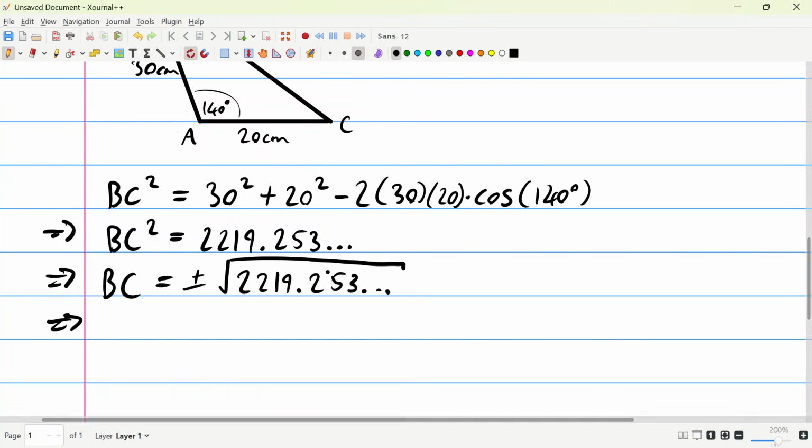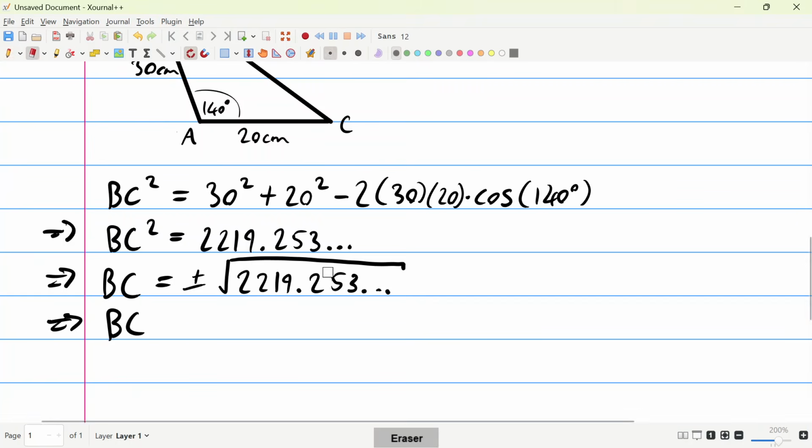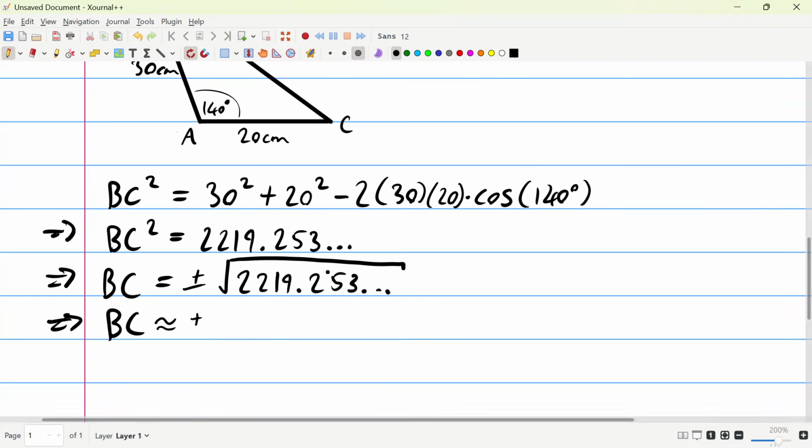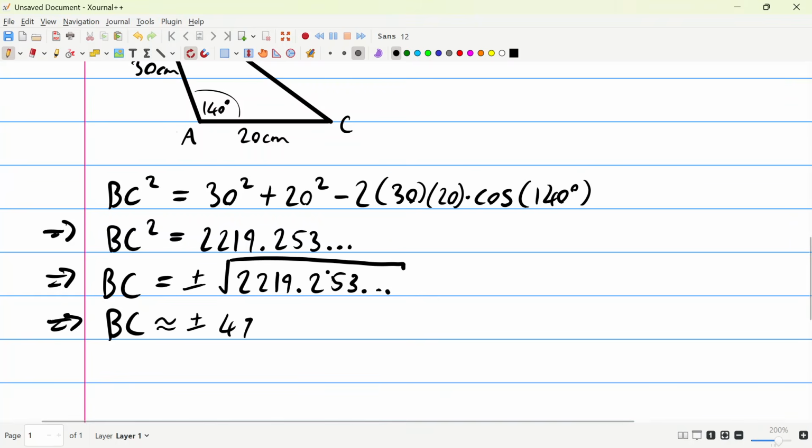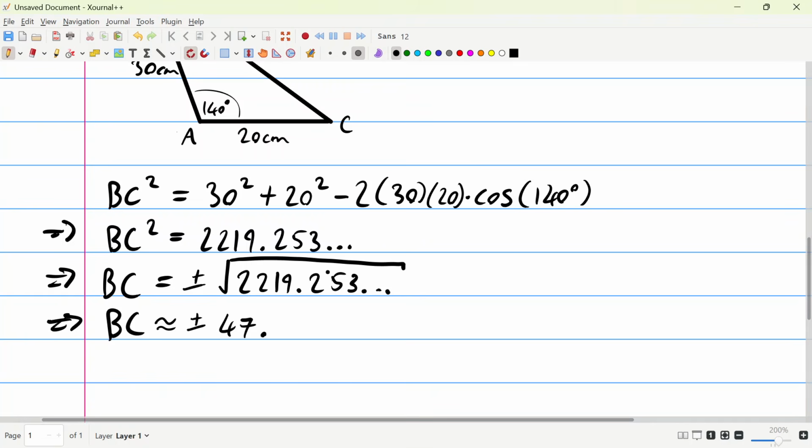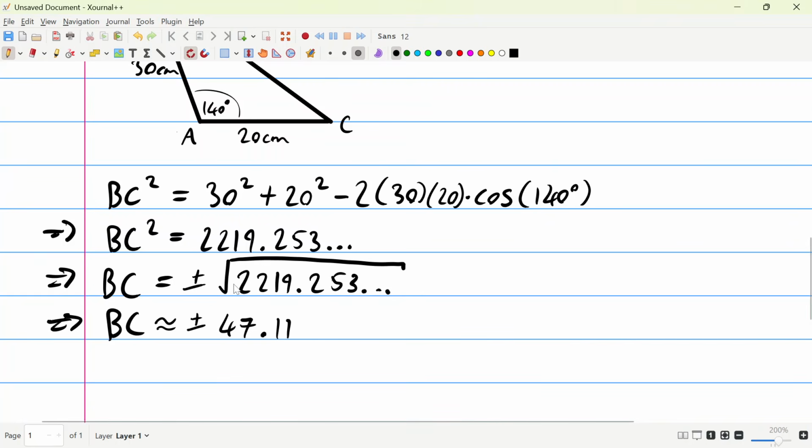Then all you need to do to keep that answer but take the square root is to press AC, and then you say square root and then Ans, A and S inside, and then you should get a value that would approximate to plus or minus 47.11.